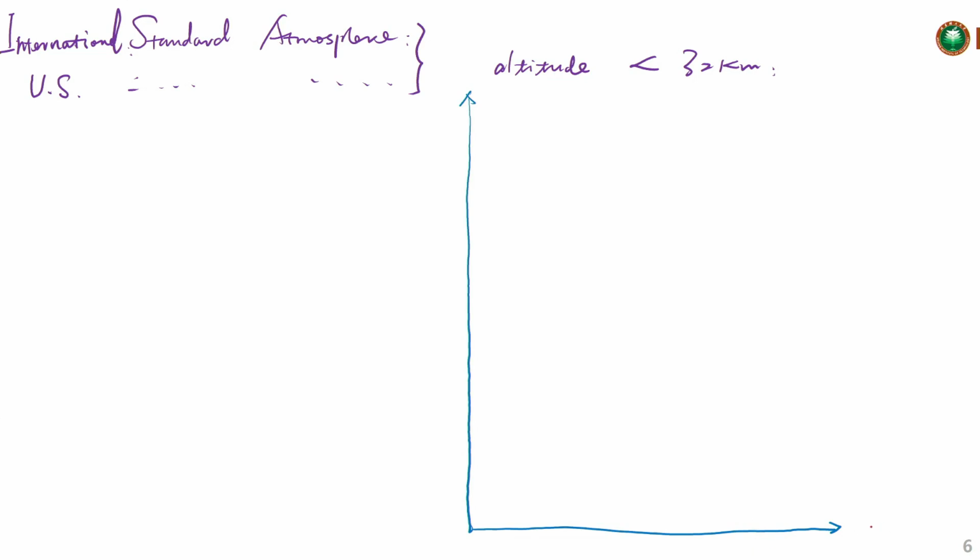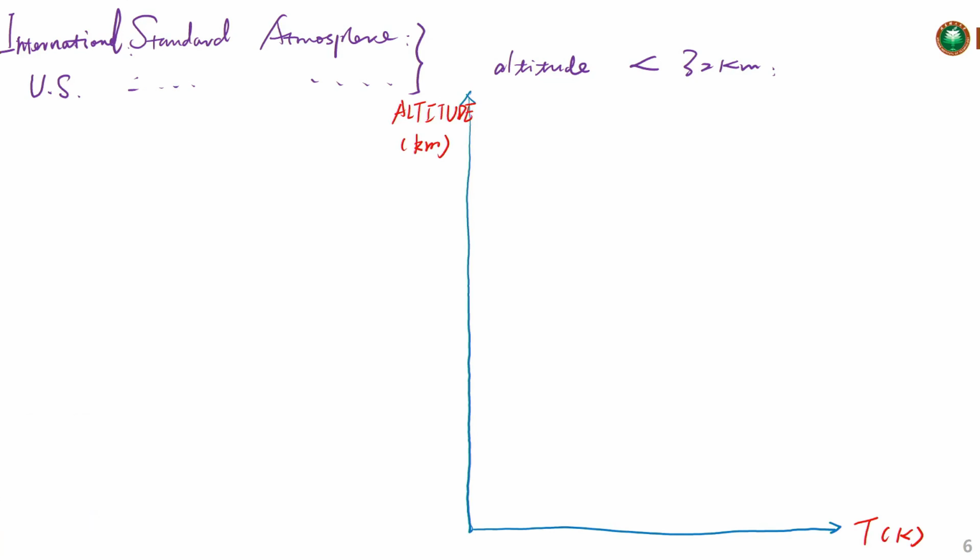So this is temperature T with the unit Kelvin, and this is the altitude in units of kilometers.